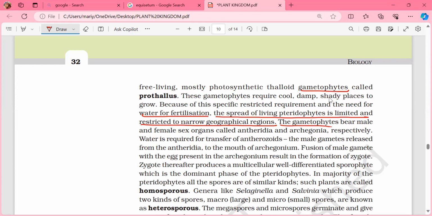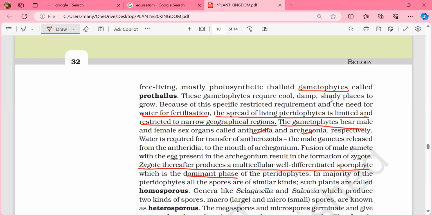Now, yet again, the gametophytes would make the gametes, in the antheridia and archegonia structures, right? Meaning antherozoids, the male gamete, and the egg will be made. Yet again, fusion will take place, and obviously water will be required. Then the zygote will be formed. Thereafter, it produces a multicellular sporophyte, which is the dominant phase.